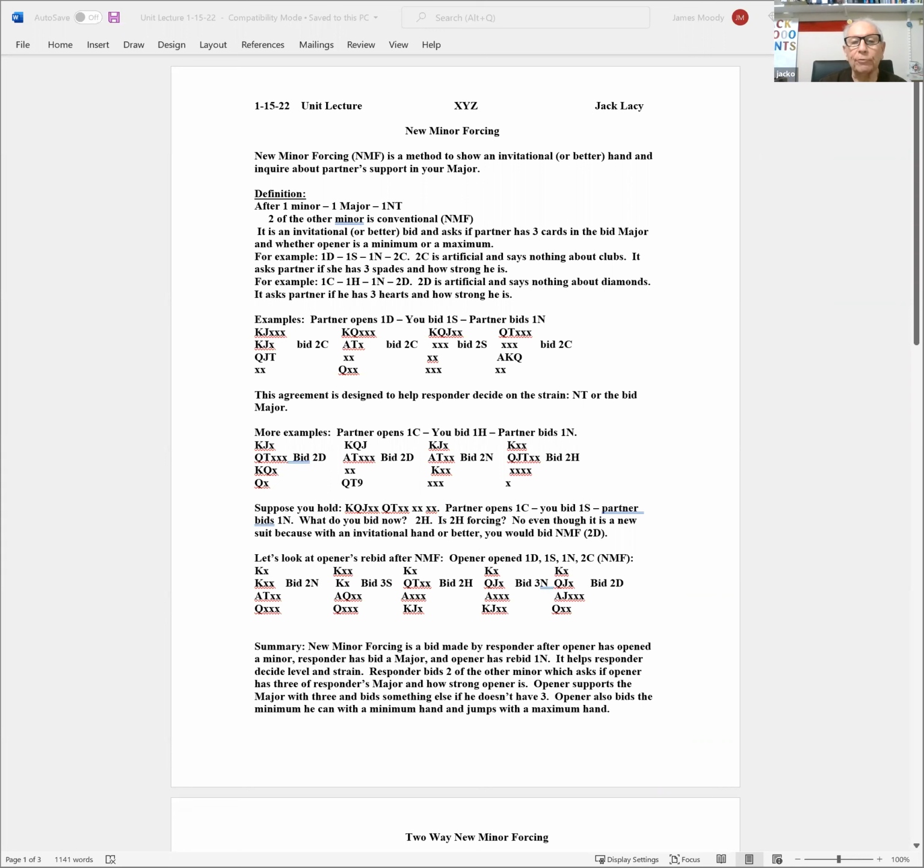So here are some examples. Partner opens one diamond, you bid one spade, and partner bids one no trump. In the first example you're looking at 11 points, I think these all should be 11 thereabouts.